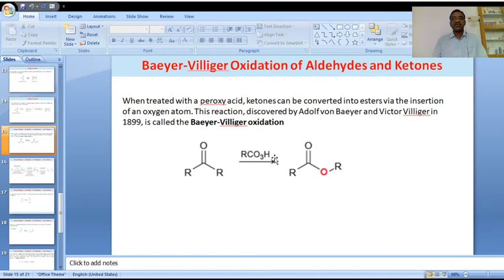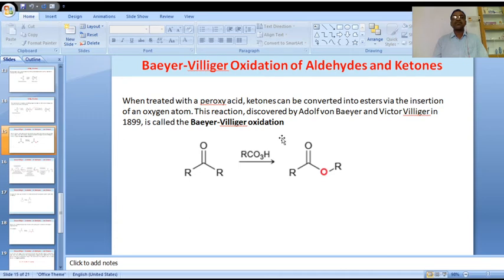If it is RCOOH, it is a carboxylic acid, where only two oxygens are present. Here, three oxygen atoms are there, RCO3H. It is called a peroxy acid.